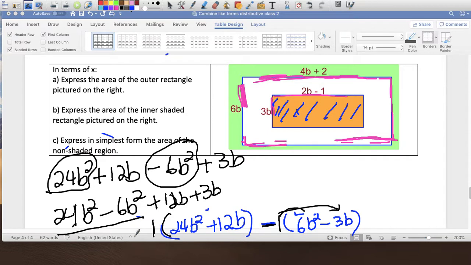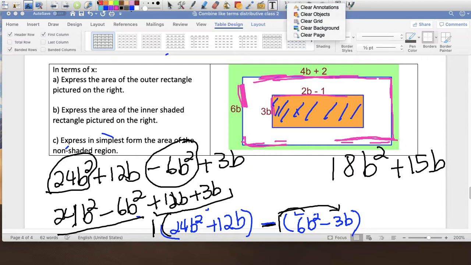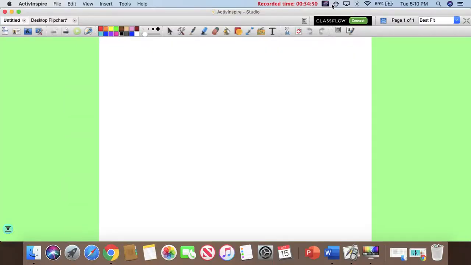If I combine these two, that's easy. We don't even have to change it because it's positive 24 minus 6. So what's 24 minus 6? 18b squared. And then this is easy because they're both positive. 12 plus 3 is just positive 15b. All right, that's it. It's not as bad as you think. Okay? And I'll go try to fix my pen.